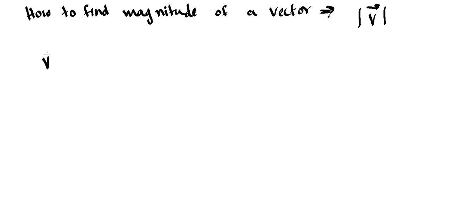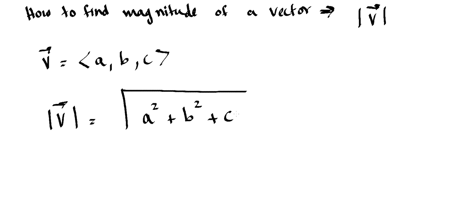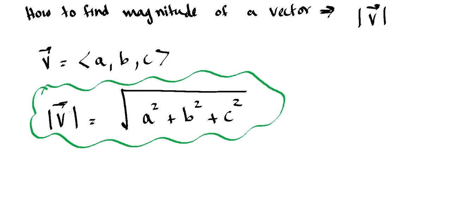So let's say we have vector v with components a, b, and c. If we want to find the magnitude of vector v, we have the square root of the first component squared plus the second component squared plus the third component squared. So that's the general formula.